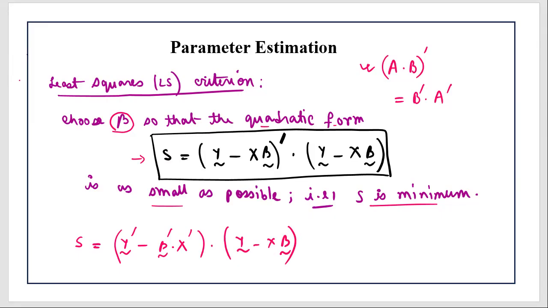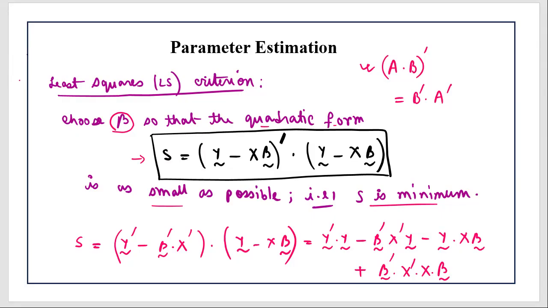Now the second thing we will do is to multiply. Just simply multiply this form. What do you get? First term is y curl prime y curl. The second term will be minus beta curl X prime y curl. Then you have minus y curl prime x beta curl, and then you have plus beta curl prime x prime x into beta curl.